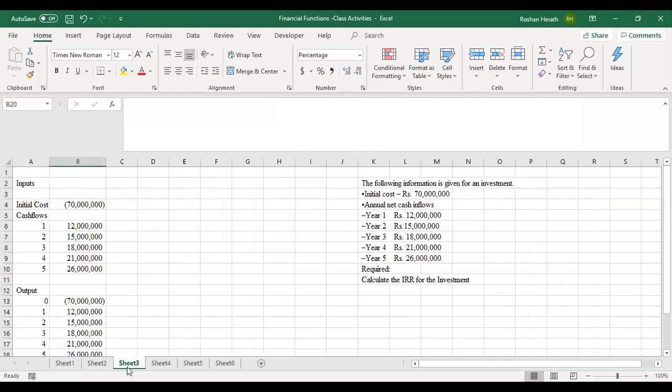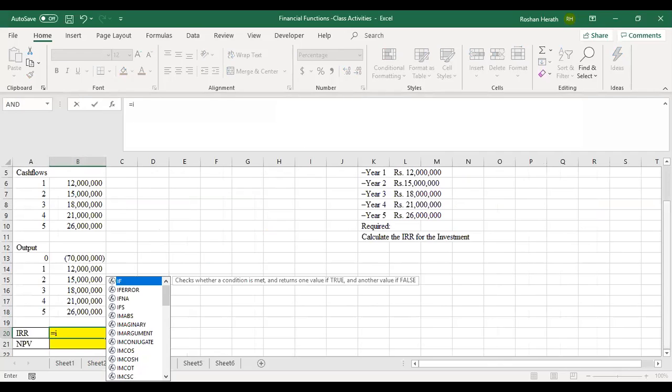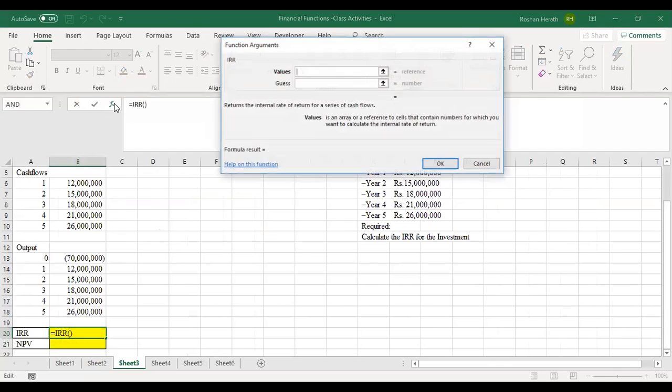In that situation, we have taken the year 0 cash flow and the subsequent cash flows. If you have to compute the IRR, all you had to do is take this IRR, let me take that to the expanded form, and just select the cash flows. You do not have to distinguish between year 0 and subsequent cash flows.